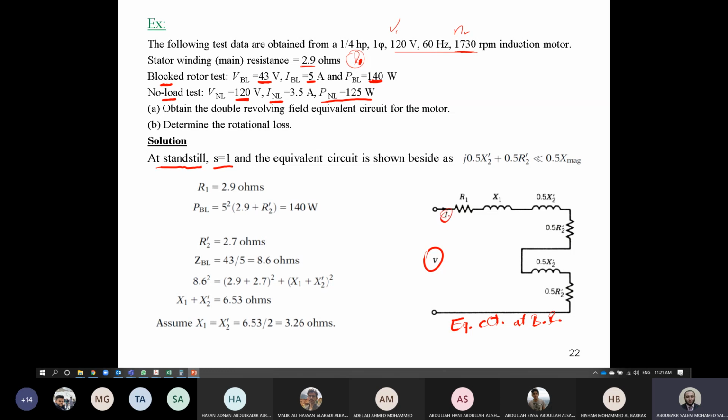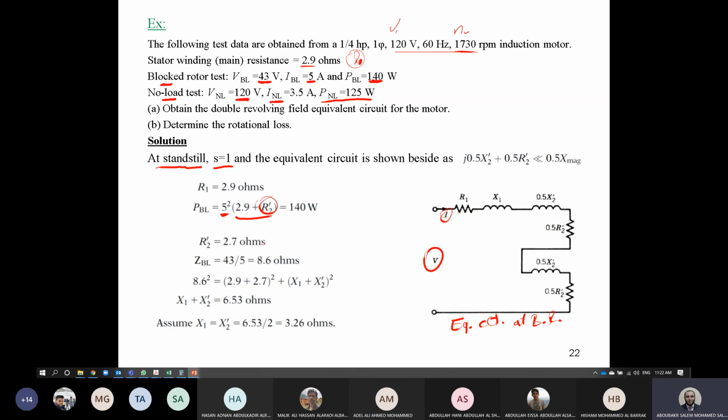And you have I and P, so you can easily obtain the value of R2 because you already have R1. So we can say now R1 equals 2.9 ohms, it's given, and P blocked is nothing but I blocked squared multiplied by total resistance. From here, we can obtain the value of R2 prime. So this is now the value of R2 prime. Is it clear? Any question, guys, regarding this calculation?